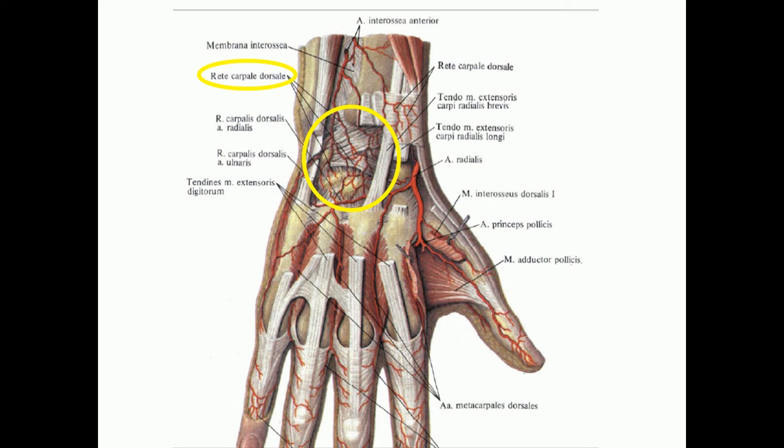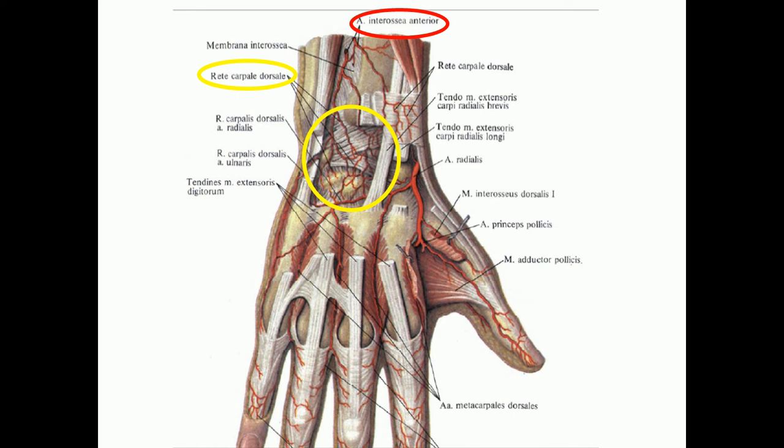It means if we don't remove these ligaments and tendons of the muscles, it's impossible to demonstrate rete carpi dorsale. To demonstrate it, it's necessary to be located on the bones itself.